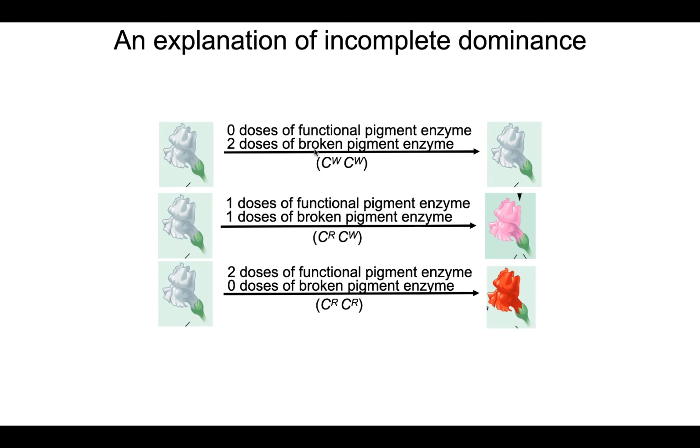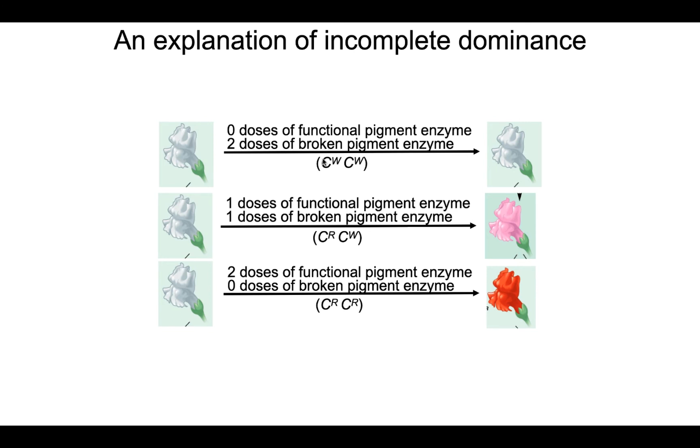The idea here is that the CR allele encodes a functional enzyme that generates red pigment. And so, if you are CR, you make enough of this enzyme to convert enough of a colorless intermediate molecule into a red pigment, and so you get a red flower.